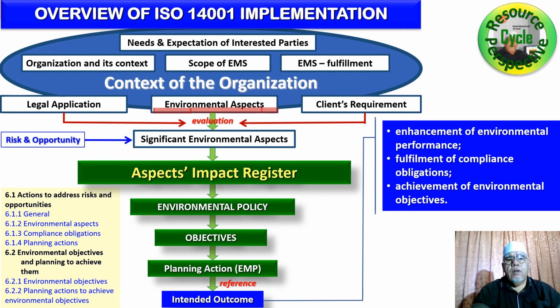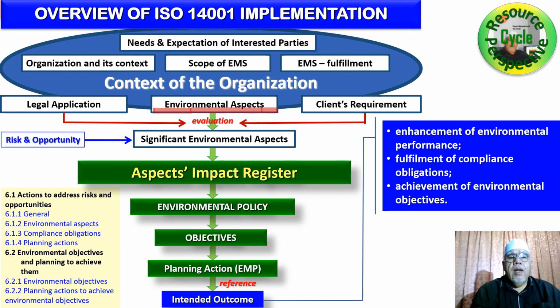In other words, if you are going to adopt, establish, or construct an environmental management system based on ISO 14001 version 2015, the first step you have to do is identify all your environmental aspects from all your processes, from all departments within your organizational certification scope for ISO 14001.